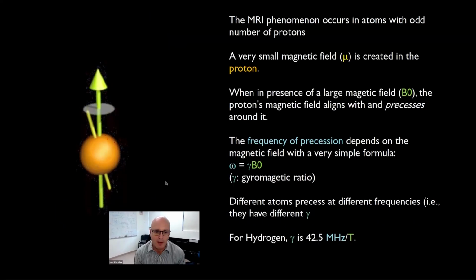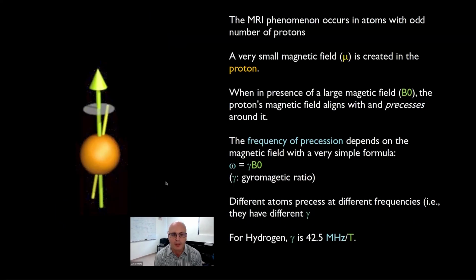So the MRI phenomenon, which again was described in the 40s, is a phenomenon that occurs in nature in atoms that have an odd number of protons. That is, protons intrinsically have a spin, and because they are charged particles, they have an associated magnetic field that we're going to call mu, and it's shown here as this yellow bar that is rotating.